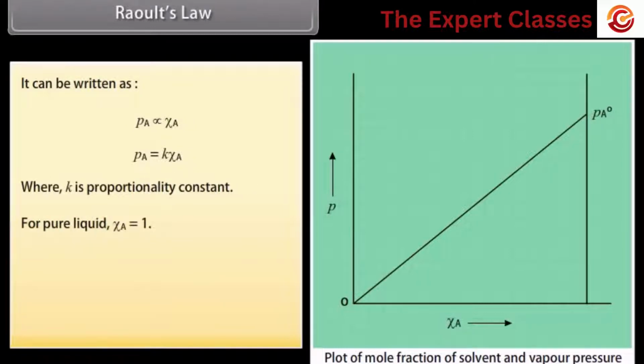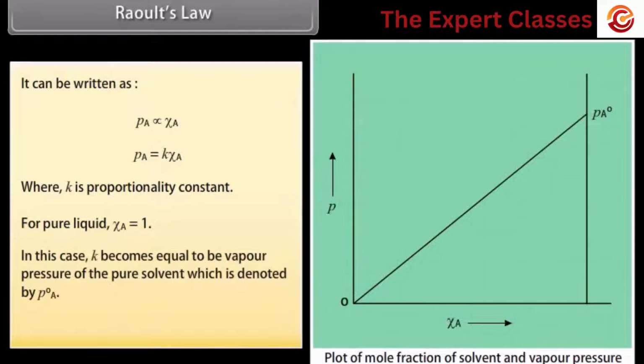For pure liquid, XA is equal to 1. In this case, K becomes equal to vapor pressure of the pure solvent, which is denoted by PA naught. Thus, PA is equal to PA naught into XA.